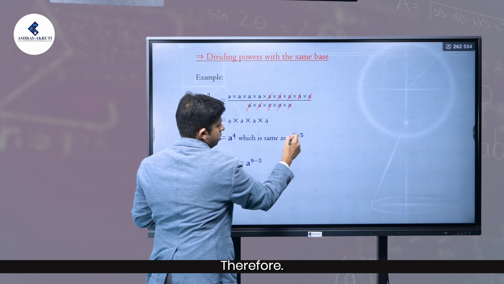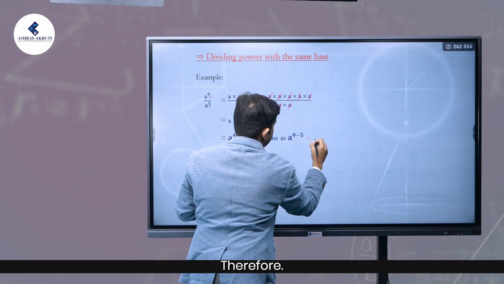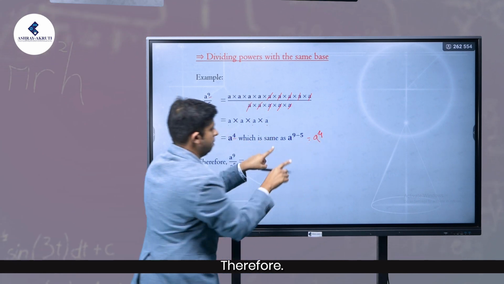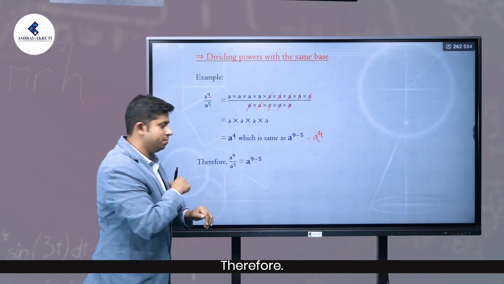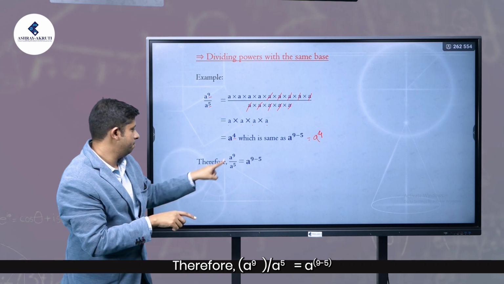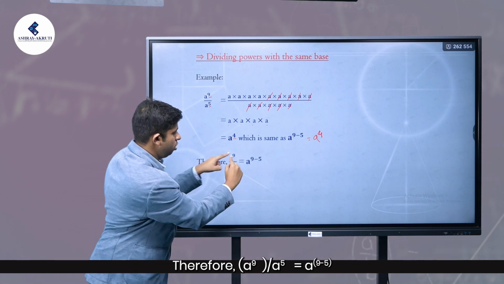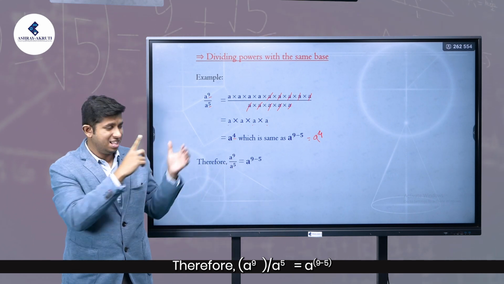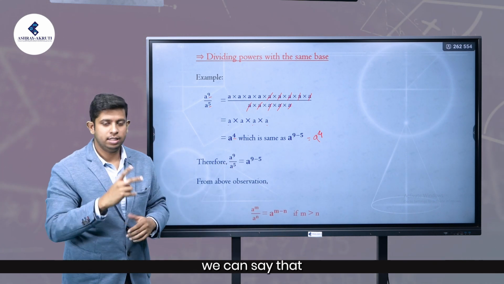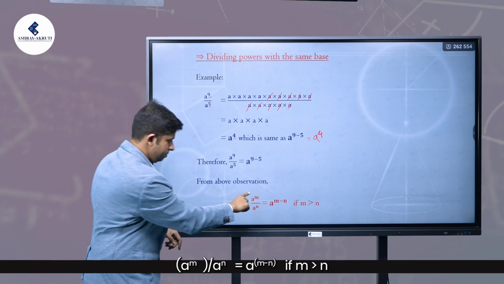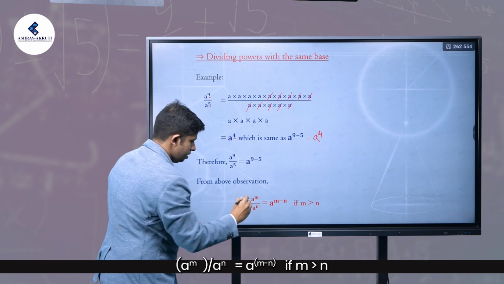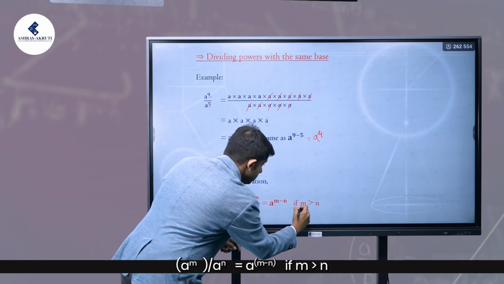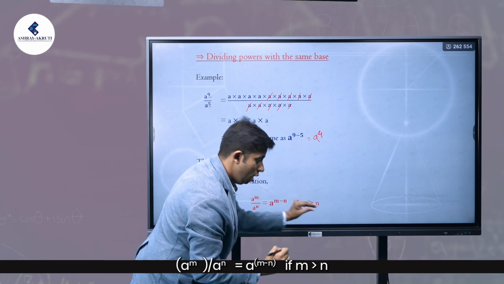Therefore, a to the power of 9 by a to the power of 5 is equal to a to the power of 9 minus 5. From the above observation, we can say that a to the power of m by a to the power of n is equal to a to the power of m minus n if m is greater than n.